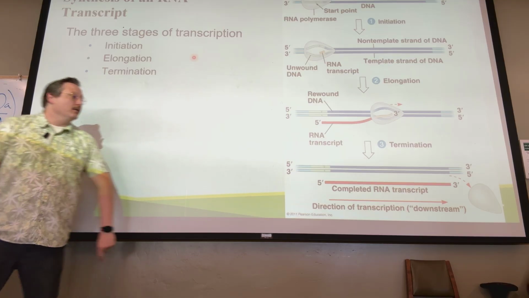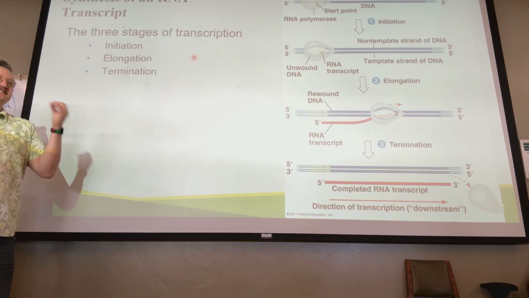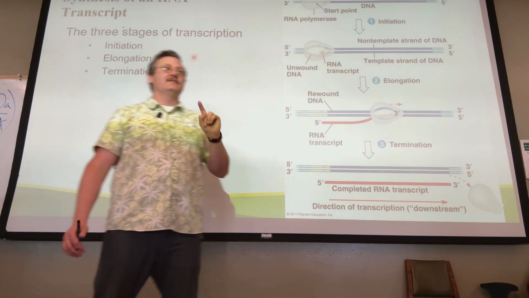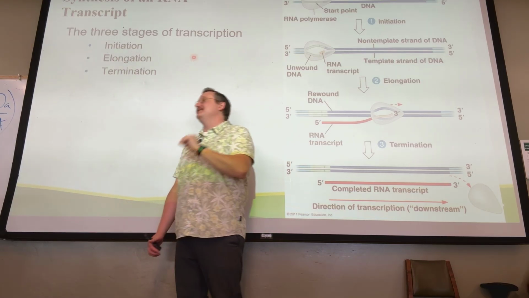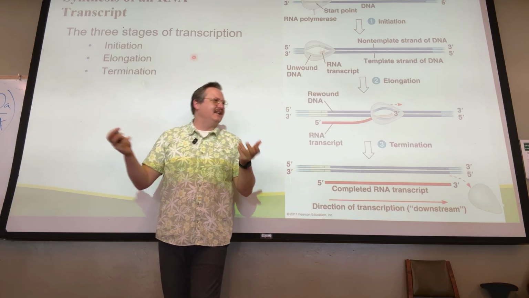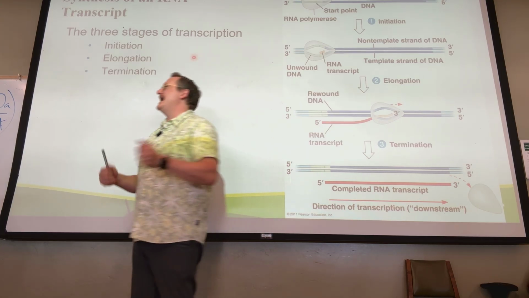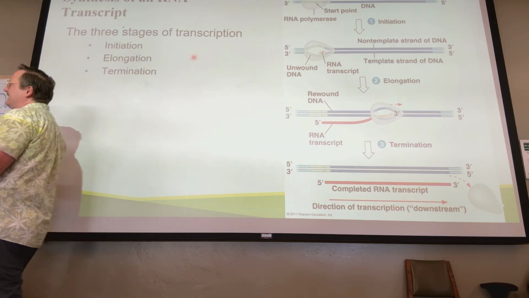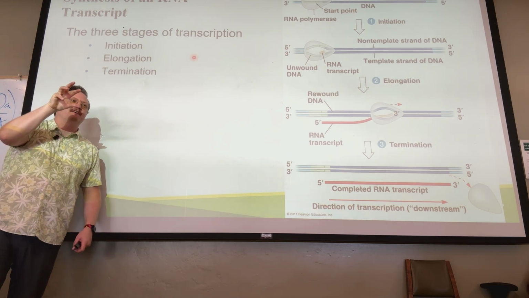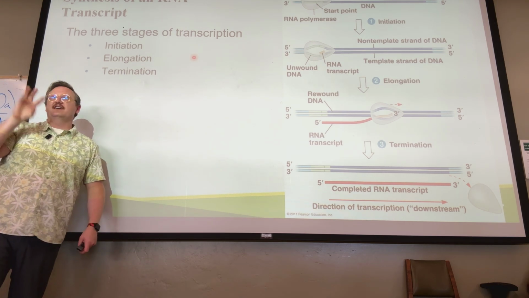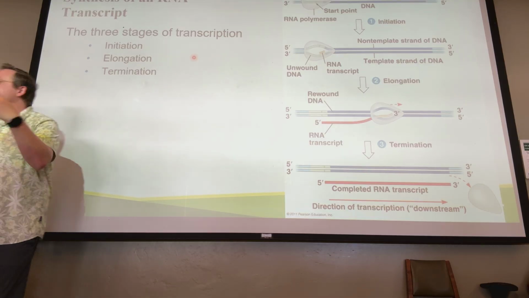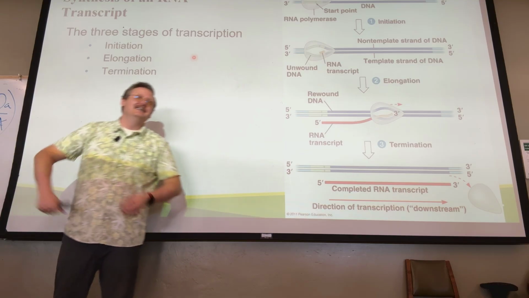Okay? So we're talking about the process of transcription, and I have already spoken to you briefly about transcription factors. If you remember when we were talking about intracellular receptors and steroid hormone signaling, when the hormone binds to its receptor, it can act as a transcription factor. I told you how that means that it's going to encourage the expression of a gene.